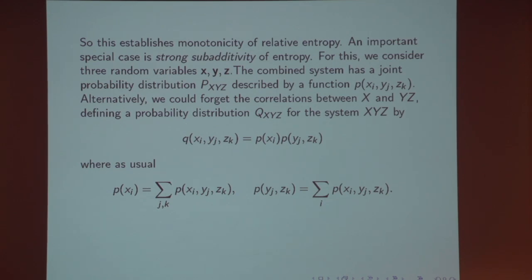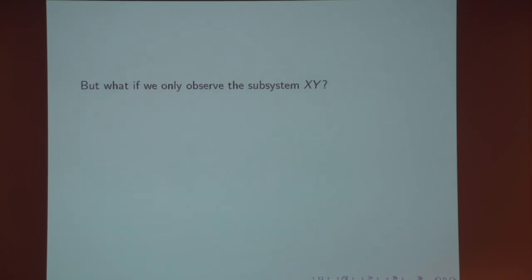So this is another probability distribution for the combined system where we ignore correlations of x with y, z. So the relative entropy between them is the relative entropy between p of x, y, z and q of x, y, z. But what if you don't observe z at all? In that case, we should integrate out z everywhere.